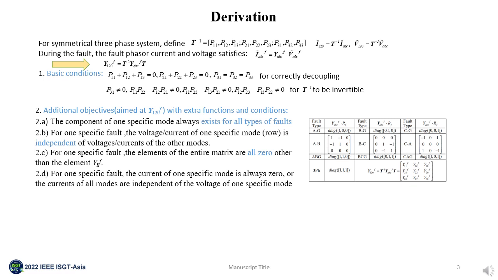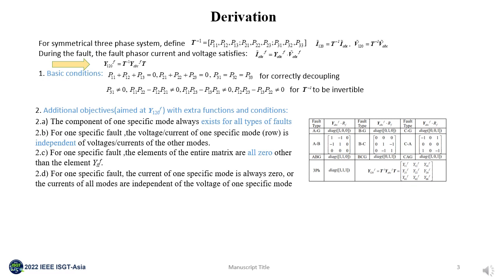For instance, if objective A holds, the specific mode can be utilized in protection and fault location applications, regardless of fault type. If objective B holds, the voltage and currents of this specific mode can be calculated without requiring any other modes, and can greatly simplify the fault analysis procedure.